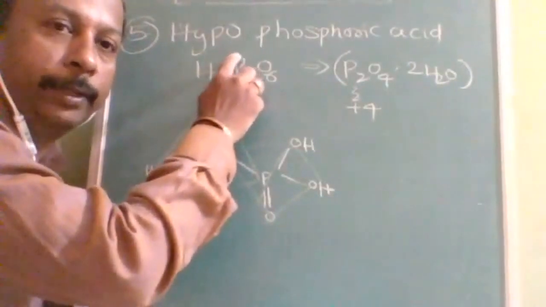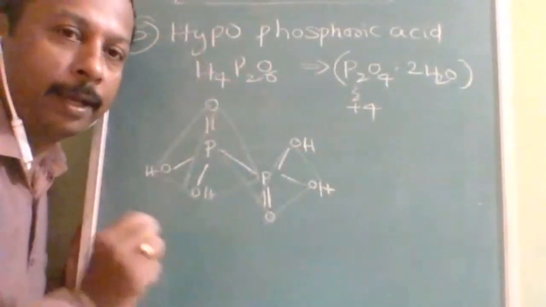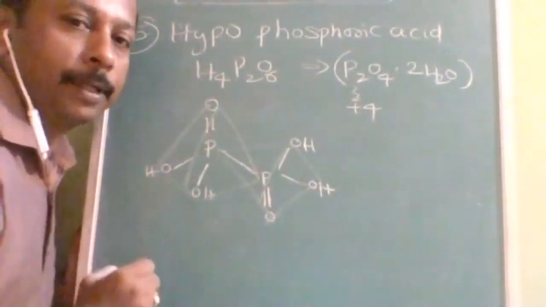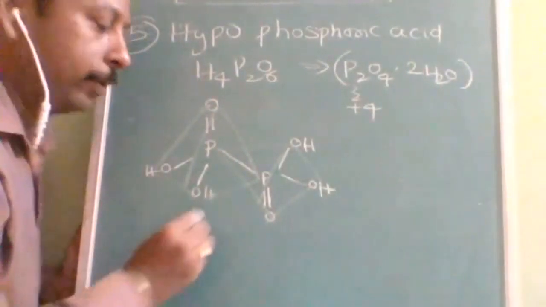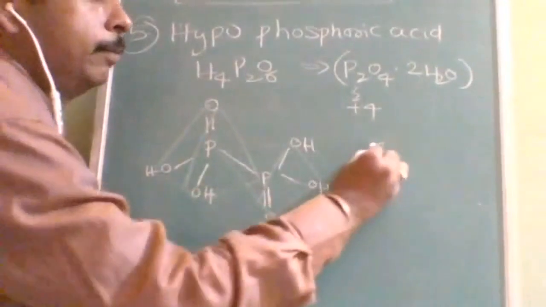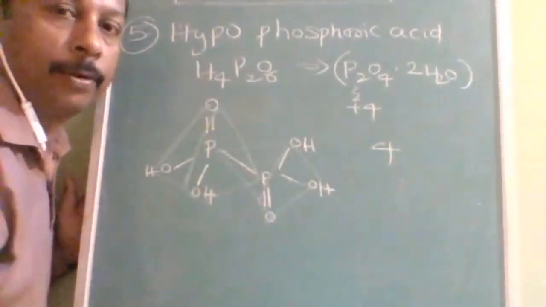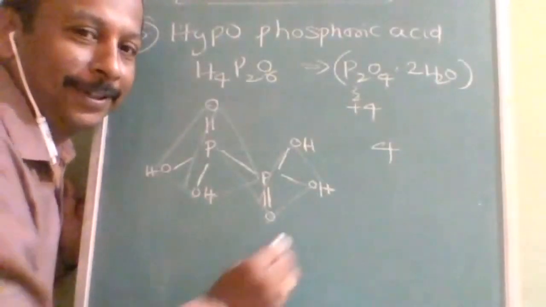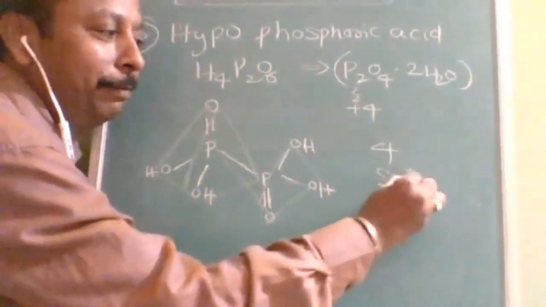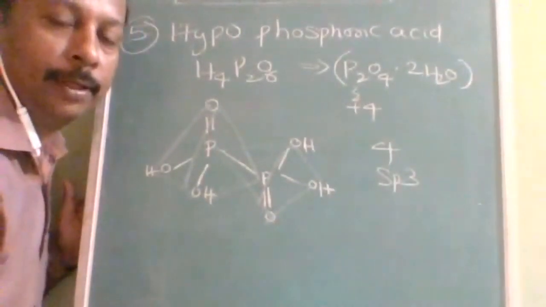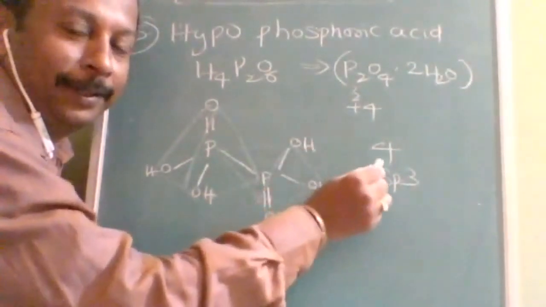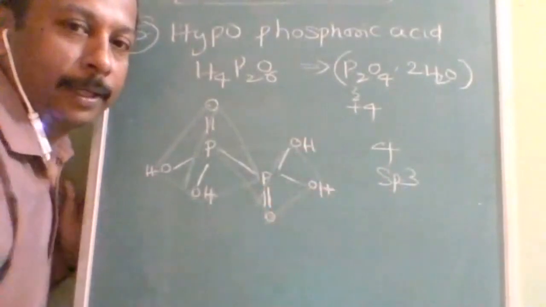That time you should be the first person to reply accurately. Being a VBS student, you should be the first person. Now, if the question is about basicity, basicity is how much? 4. And hybridization will be sp3.